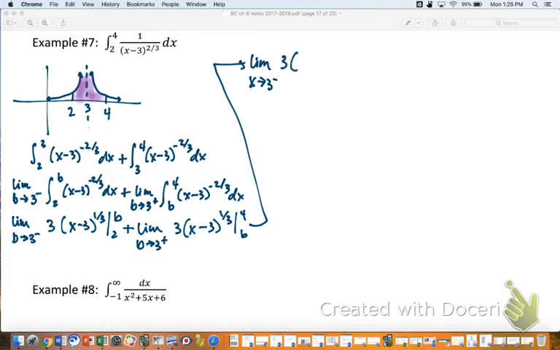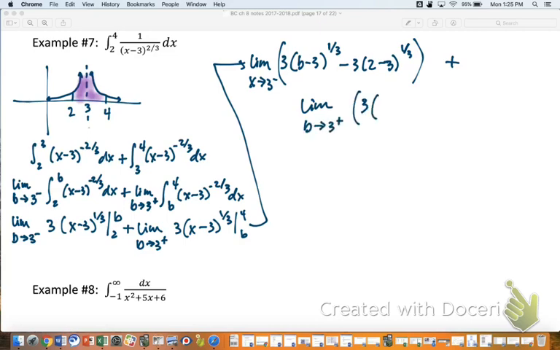It's going to be 3 times (b minus 3) to the 1/3 minus 3 times (2 minus 3) to the 1/3, plus, let's put this on a different line, limit as b approaches 3 from the right of the exact same sort of thing, except a 4 is there, and the b is now over here. So again, there's your FTC1. We're ready to evaluate the limits.